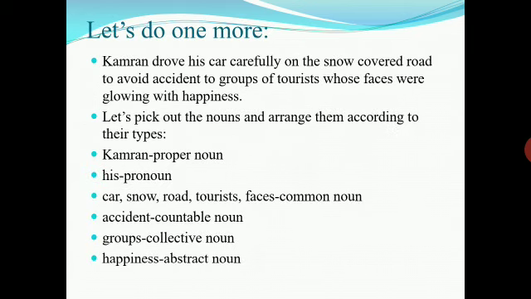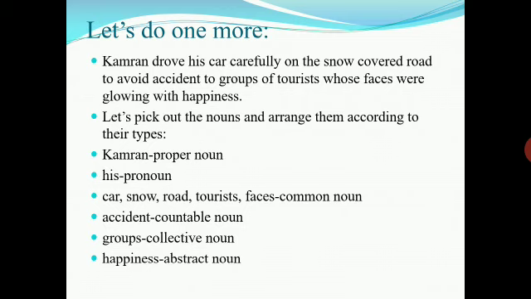Now let's do one more. Kamran drove his car carefully on the snow-covered road to avoid accident to groups of tourists whose faces were glowing with happiness. Now let's pick out the nouns and arrange them according to their types. First of all, Kamran, it's a proper noun because it's the name of a person. His, it's a pronoun. It's used in place of Kamran.